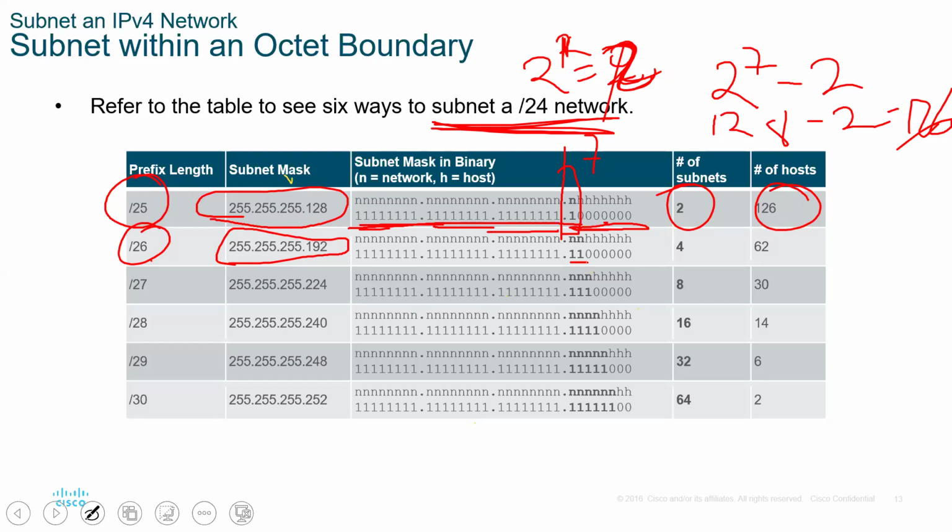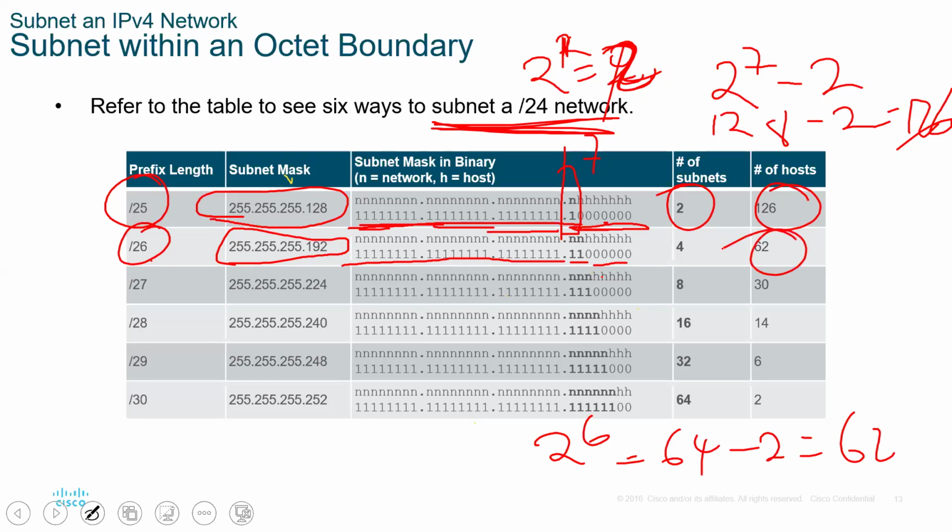Where are they borrowed to? They are borrowed to the network portion. That means how many bits are left? You are left with 6 bits. If you do 2 raised to power of 6 will give you what? 64. Minus 2 will give you 62. That's how you got 62 here.